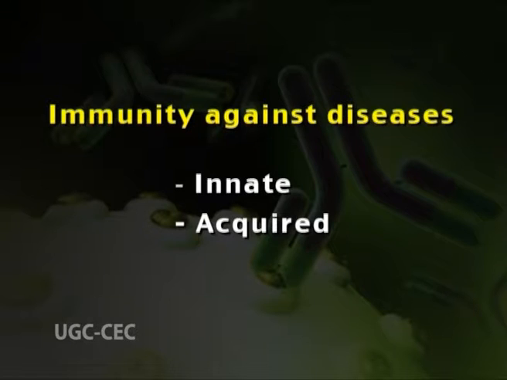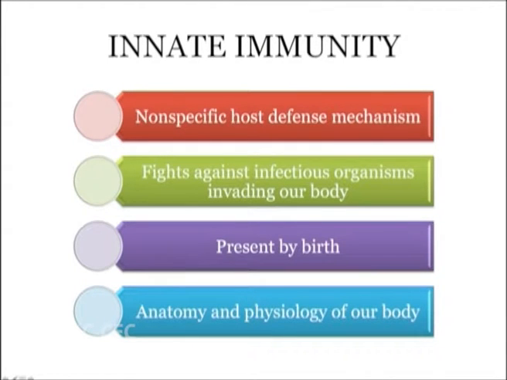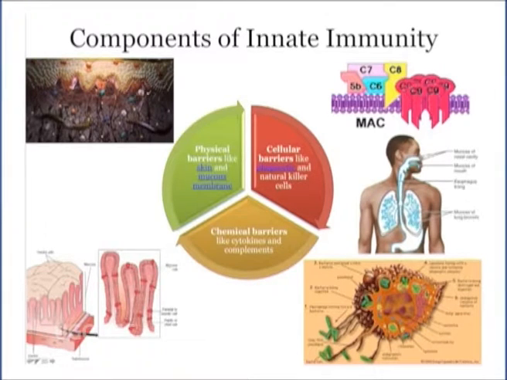Immunity against diseases is provided by two mechanisms, innate or acquired. Innate immunity is the non-specific host defense mechanism of the body which fights against the infectious organisms invading our body. This is present by birth and is represented by the anatomy and physiology of our body.